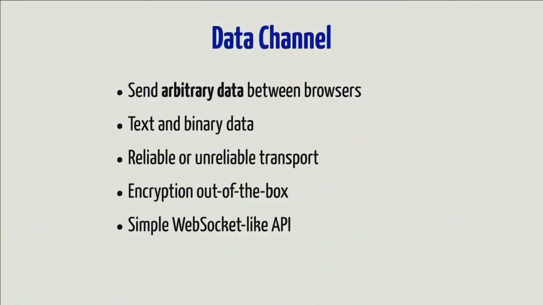They did all this extra work, but fortunately they also said, we're going to let you send arbitrary data. You're allowed to send text or binary data, so you can use any of the binary types that JavaScript affords you, and you can do reliable or unreliable transport. That emulates TCP, and you also have UDP semantics. And you get encryption out of the box, and you have a really simple WebSocket-like API.